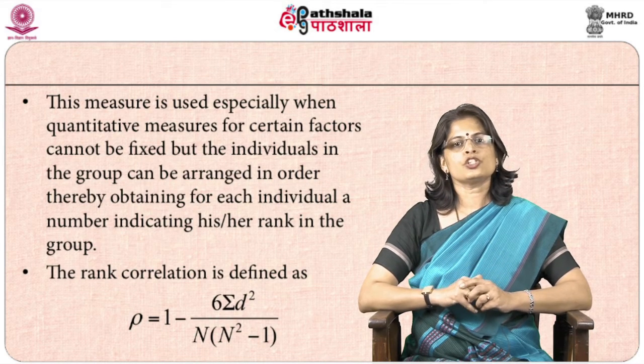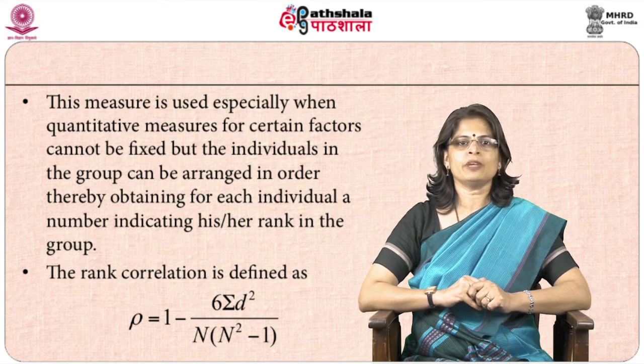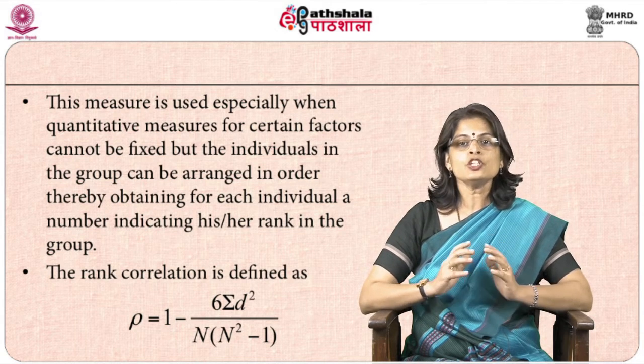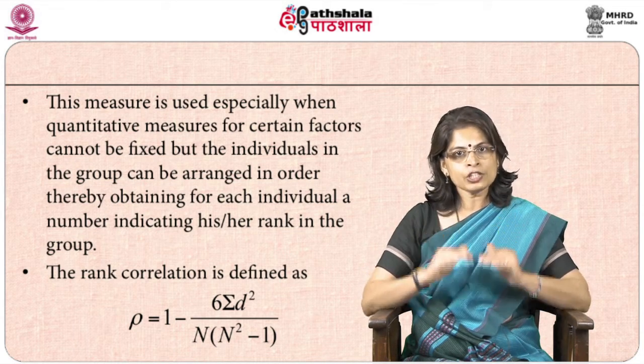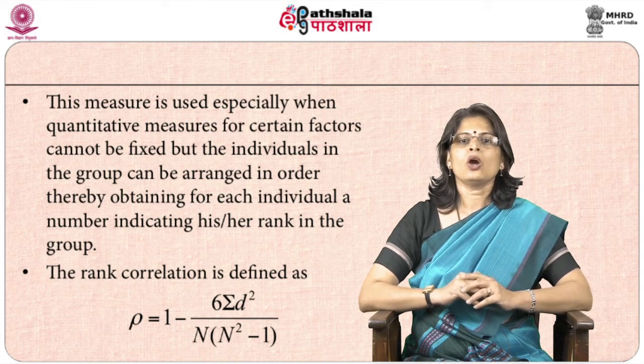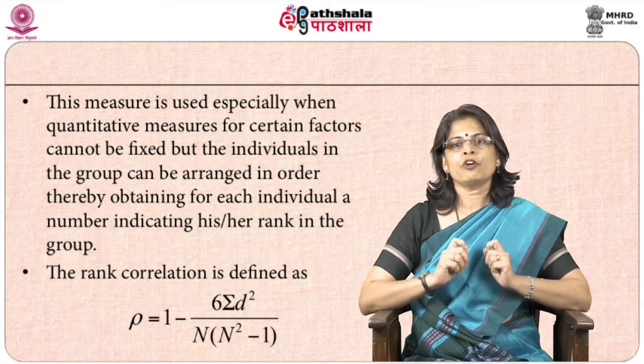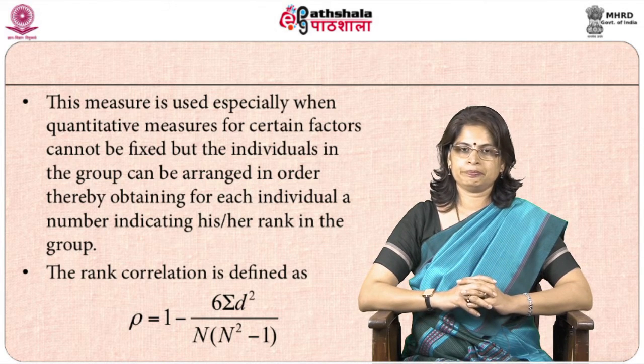This measure is used especially when quantitative measures for certain factors cannot be fixed, but the individuals in the groups can be arranged in order, thereby obtaining a number known as rank for each individual in the group.